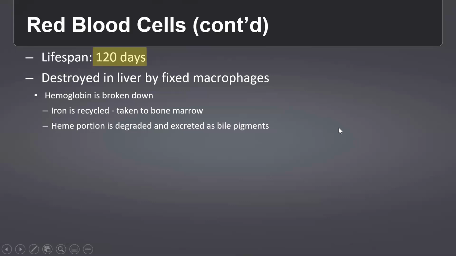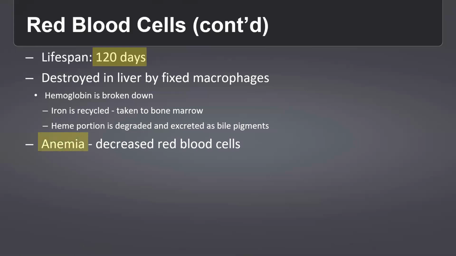Has anybody heard of anemia before? So anemia is usually low iron in your body caused by a decrease of red blood cells. And the most common type comes from iron deficiency.